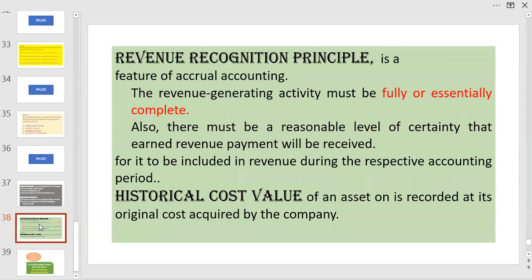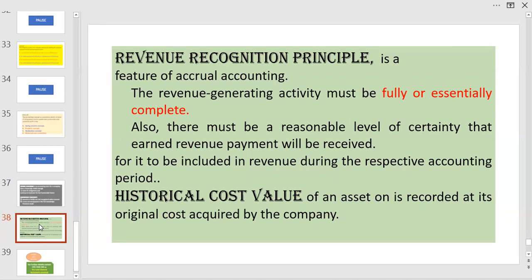For an example, say on the last week or the last day of the accounting year, you got a sales. But still, you have not delivered the goods, you have not invoiced them, they did not collect the goods. So in that case, you are sure that you have got a sales, but the sales is not implemented as yet. The stocks are still in your warehouse. So in that case, you can't take that into account.